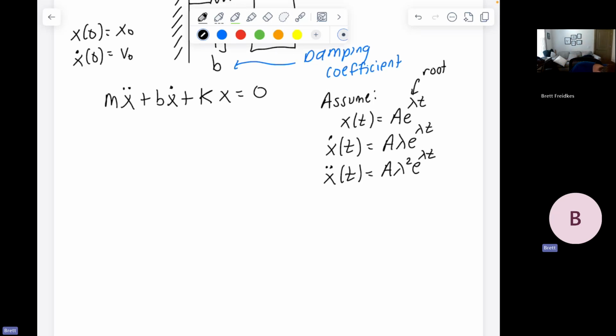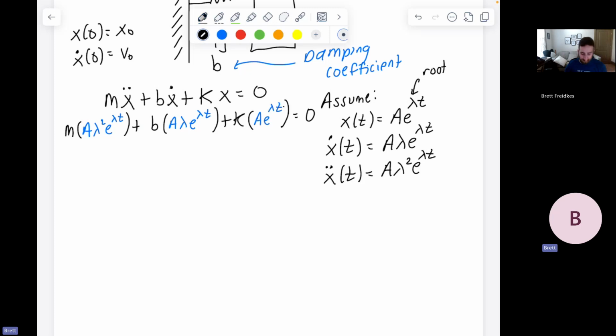So I get m times A lambda squared e to the lambda t plus b, x dot was A lambda e to the lambda t, and k times x was A e to the lambda t, is equal to 0.